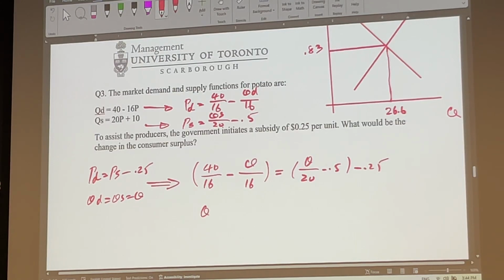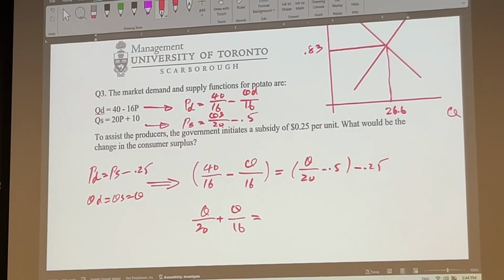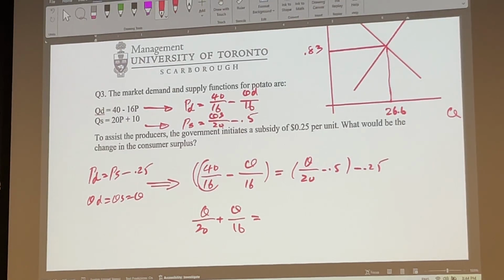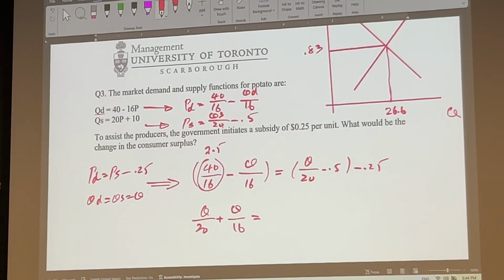If you arrange it, that's what you get. 40 divided by 16, that's 2.5, right? So that should be 2.5 plus 0.5 plus 0.25, I guess. That's 3.25. So you should be able to find Q easily.